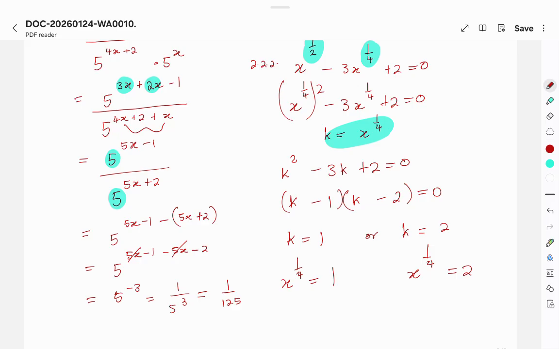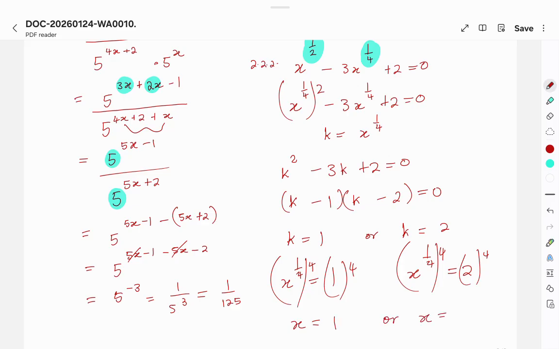Remember, we're solving for x, and we have the exponent, so we need to eliminate the exponent. So we're going to multiply with the reciprocal, so that you find your x to be equal to 1, or your x is going to be equal to 16. That is how you solve for that one.